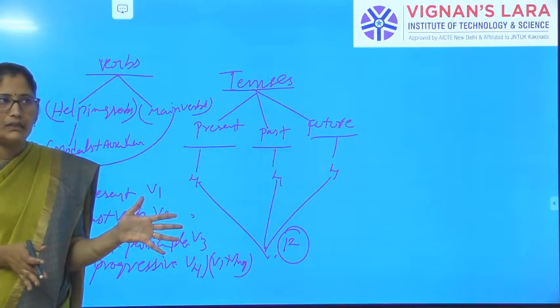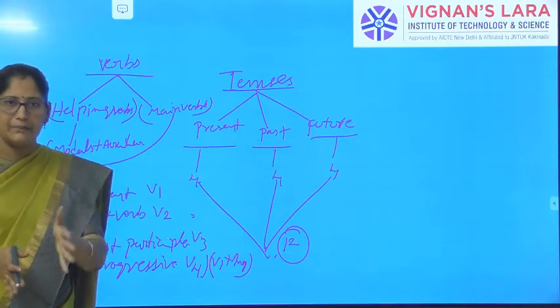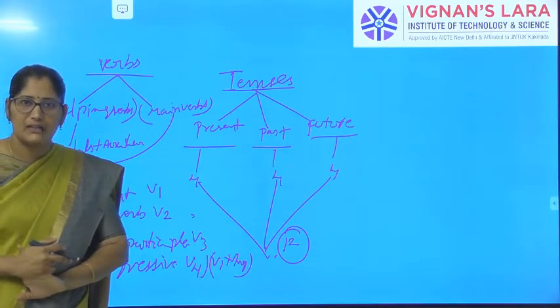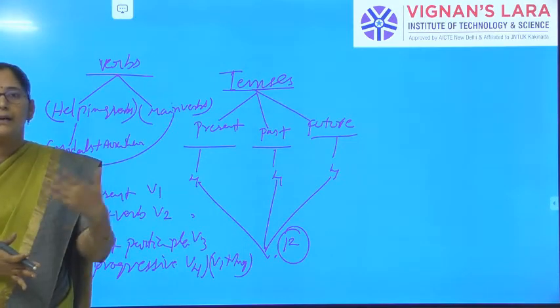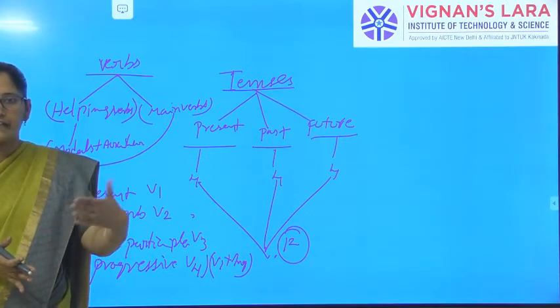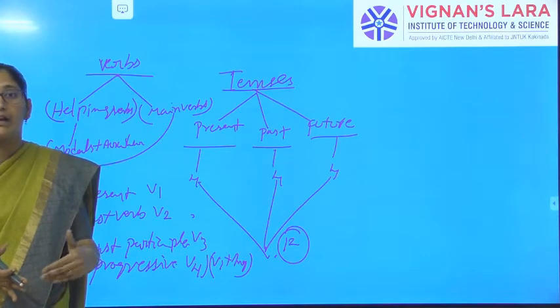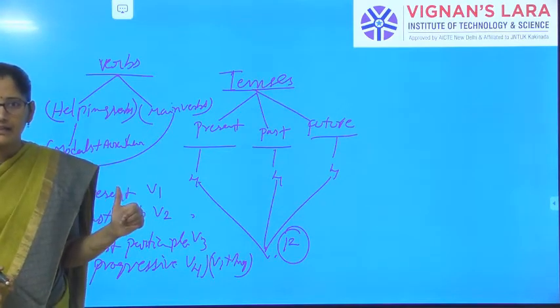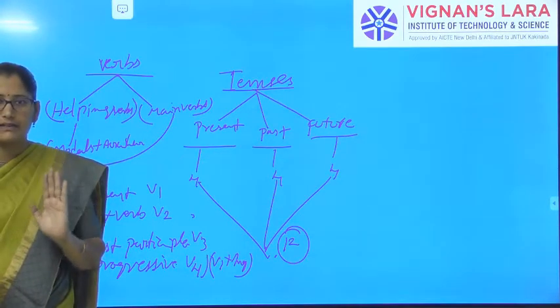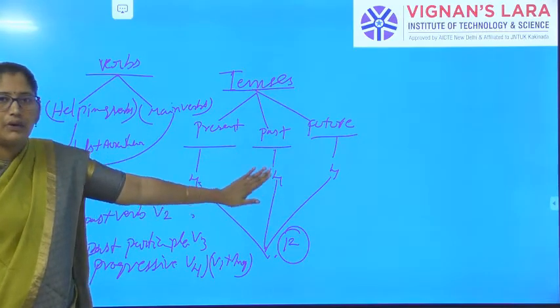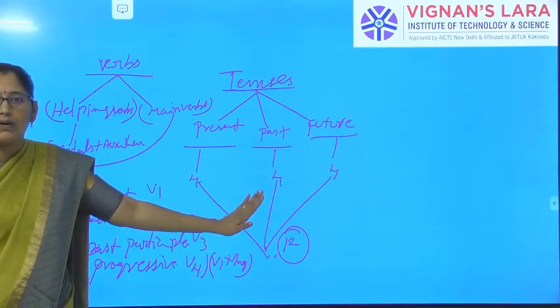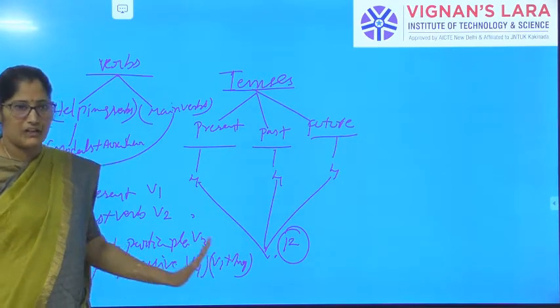For example, if you take present tense, it stands on simple present tense, present continuous tense, present perfect tense, and present perfect continuous tense. Likewise, in present tense we have four types of sentences, and likewise past tense and future tense. So anyway, we have to discuss four types of structures.